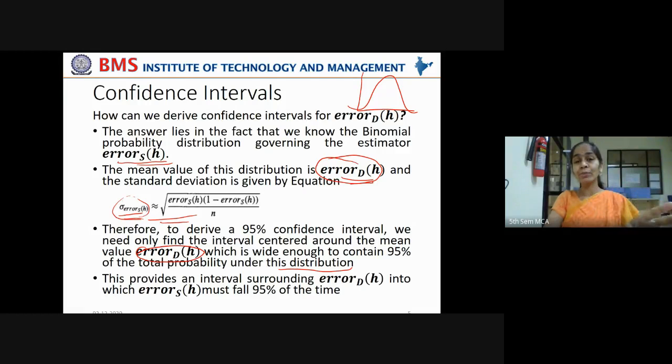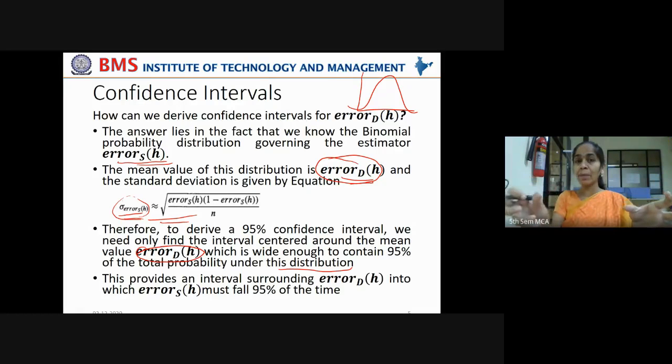Now we have assumed that an unbiased estimate value of a sample error is equal to the true error. When there is no difference between the sample error and the true error, then we call that an unbiased estimate.